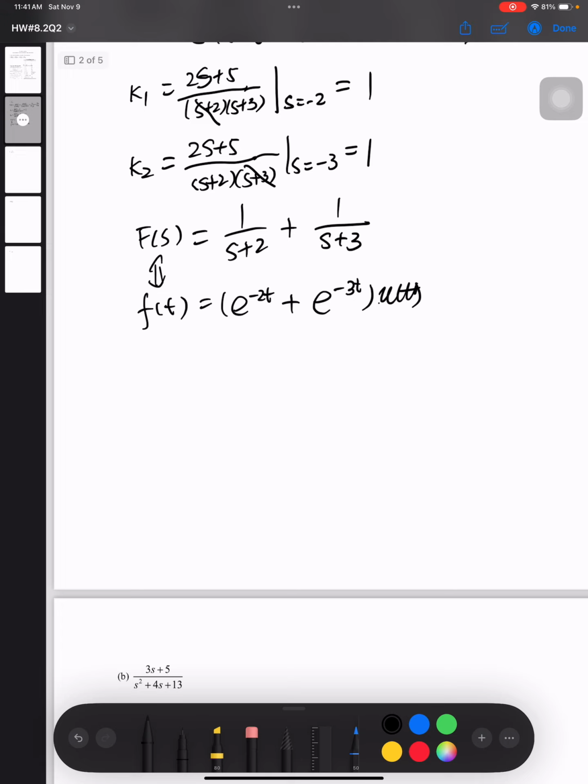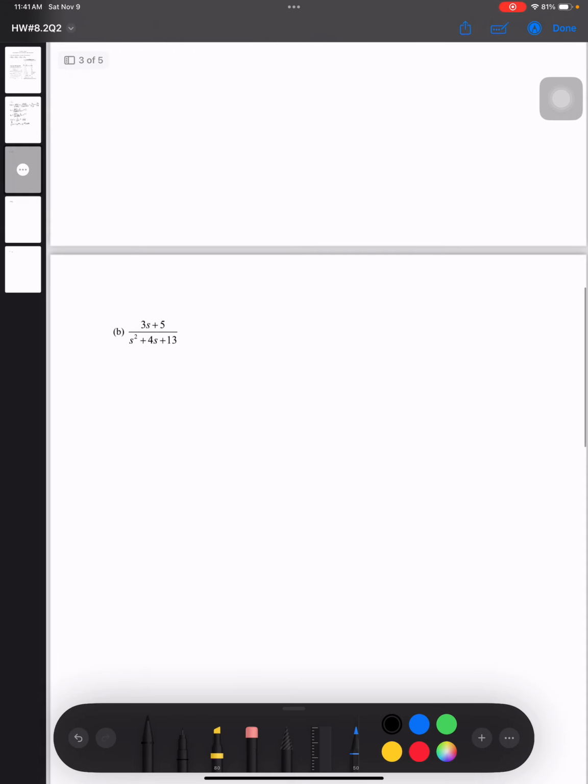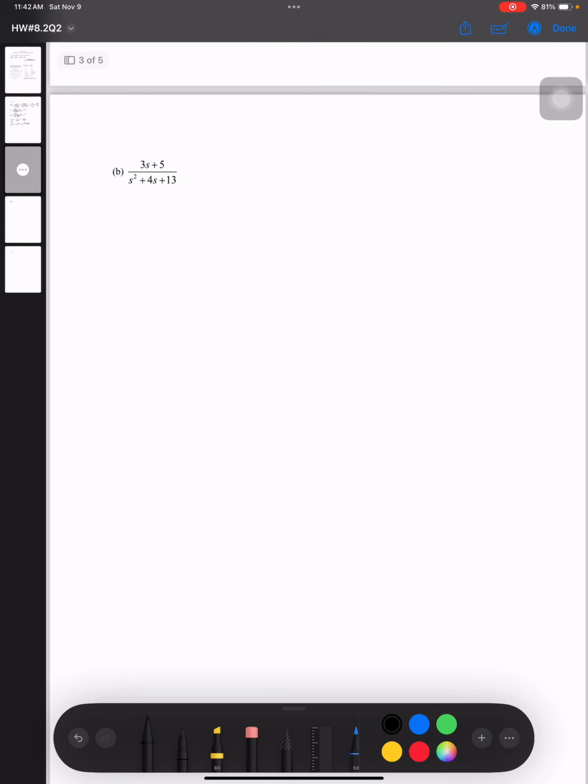Okay, and for the question B, there we can directly see that we cannot convert the denominator to a simpler form. So we can use this table.